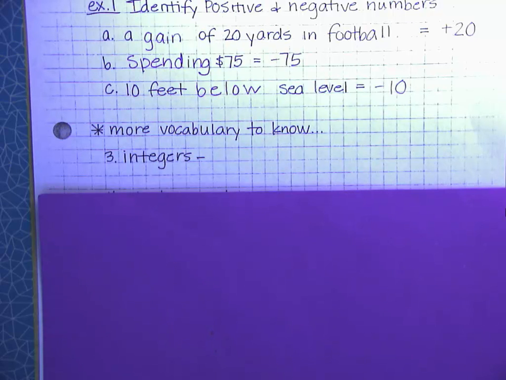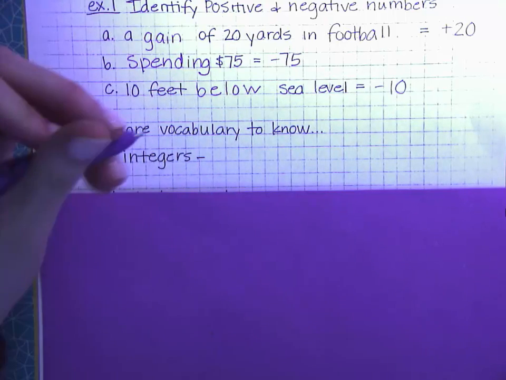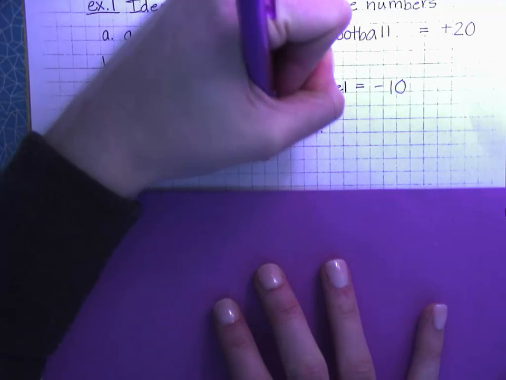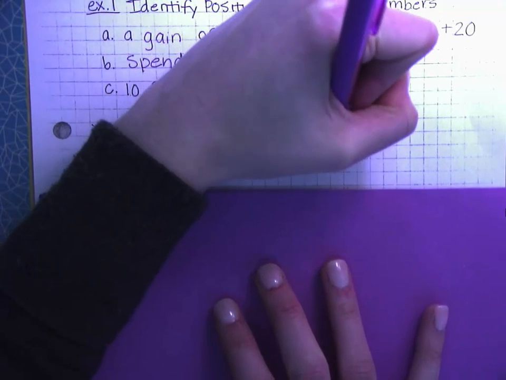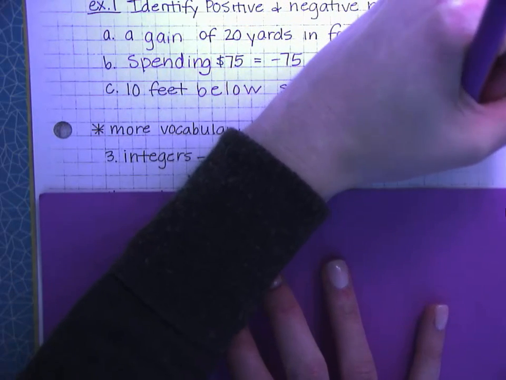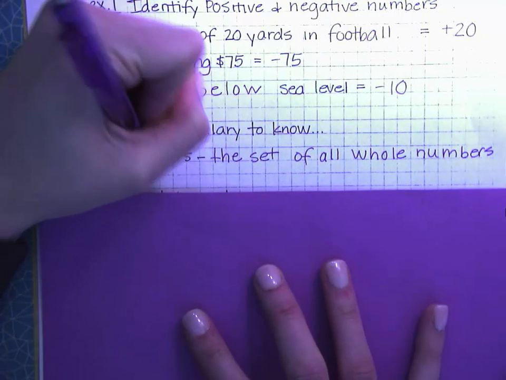So would 1/2 be an integer? No, because it's not a whole number. So the key thing to remember is that integers are whole numbers. So integers are the set of all whole numbers and their opposites.